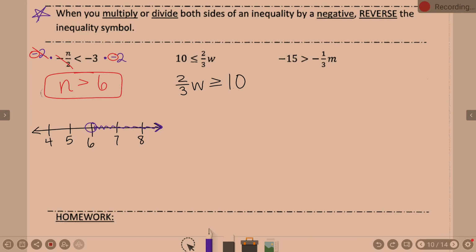None of us like fractions to begin with, but you definitely don't want to divide by fractions. So instead of dividing by 2/3, dividing fractions is the same as multiplying by the reciprocal. What's the reciprocal of 2/3? 3/2. Flip it. So we're going to multiply by 3/2. If I multiply the left by 3/2, we're going to multiply the right by 3/2.